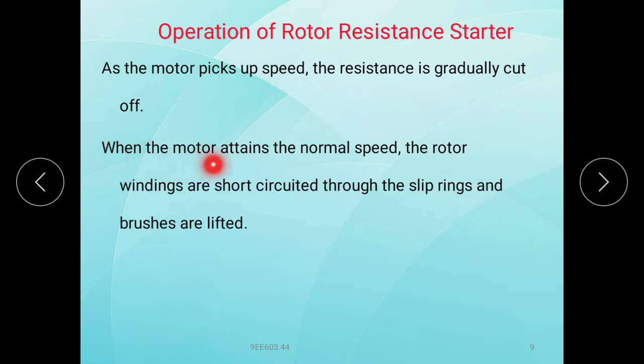When the motor attains the normal speed, the rotor windings are short circuited through the slip rings and brushes are lifted.